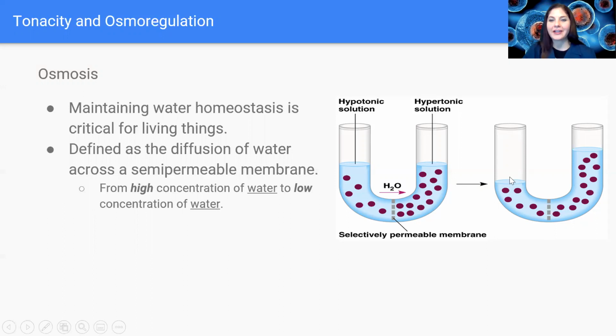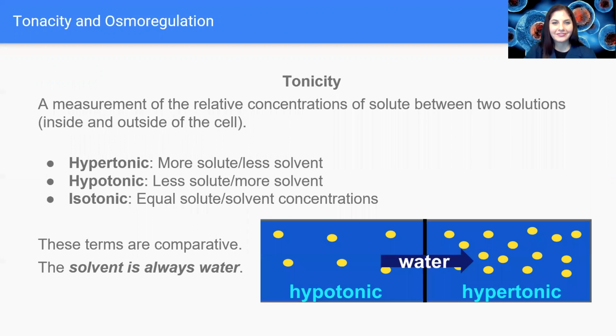It sucks the water in. So eventually, after this has sat for several minutes, you will see that the water goes from this lower water potential in the hypotonic solution into the hypertonic solution with a higher water potential.